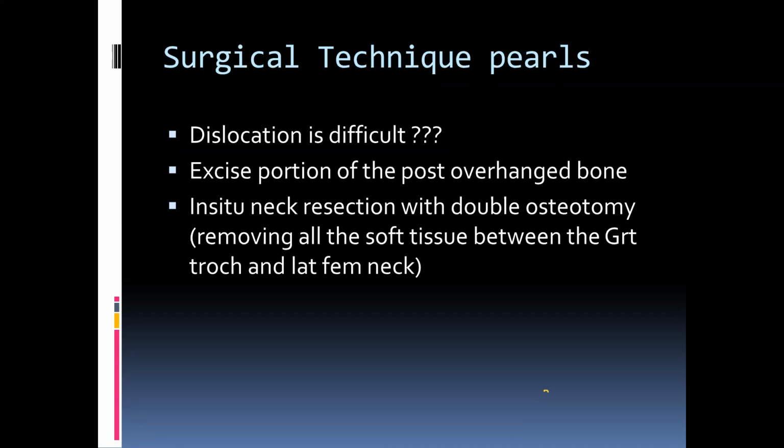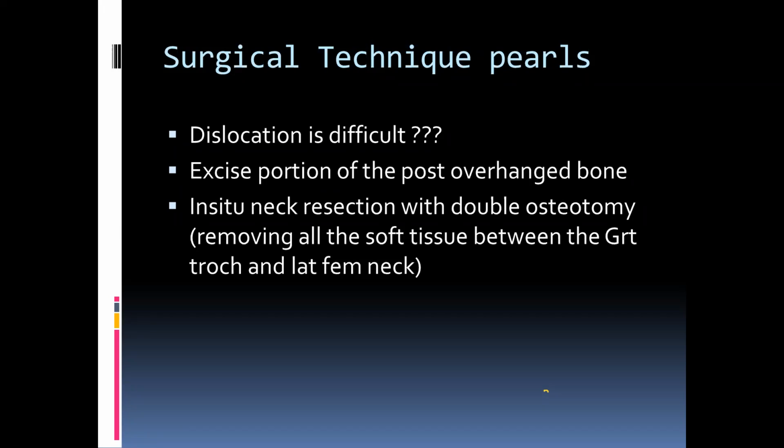And this way, as you saw in the first two webinars, we suggested that for the neck resection, which is difficult, we do a double osteotomy. We do one single osteotomy. You always take care about the soft tissue. You have to release it between the greater trochanter and the lateral neck of the femur in order to see where the neck cut will be.